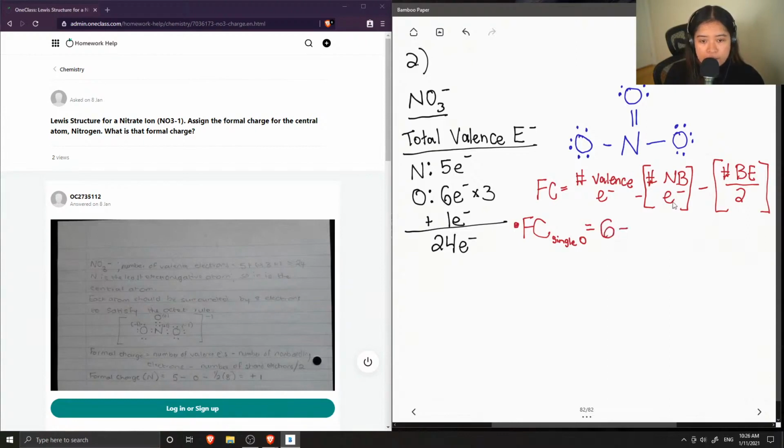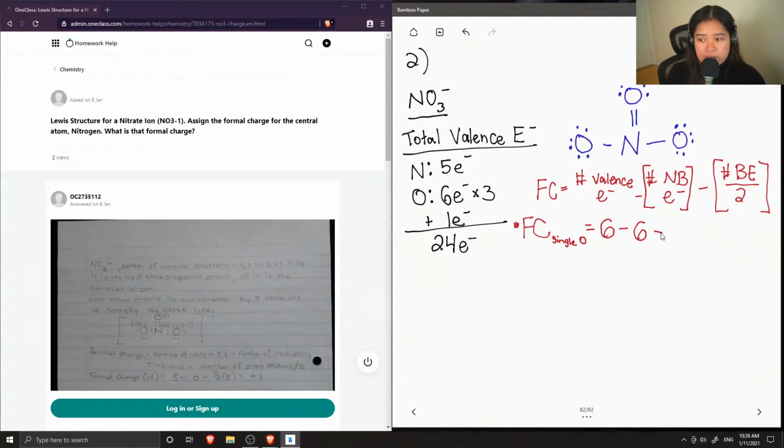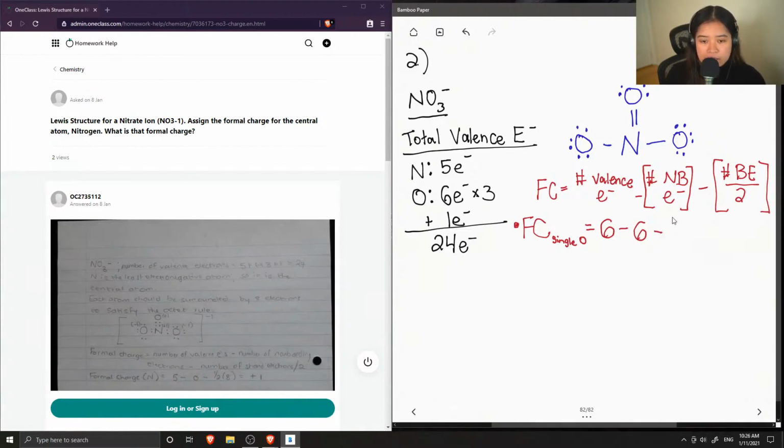The number of non-bonding electrons, so if we count out all the electrons in the lone pair, we also get 6. And the number of bonding electrons. So each bond contains 2 electrons, and there's just a single bond, so it's just 2 divided by 2. So 6 minus 6 minus 1 is equal to -1. So now I can show that these two oxygen atoms will have a -1 charge.